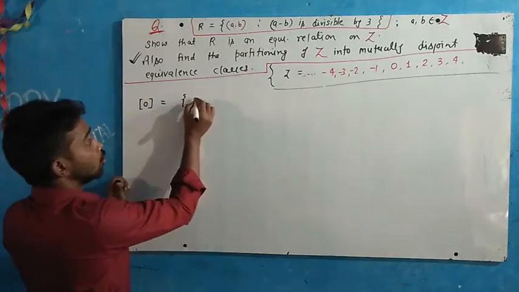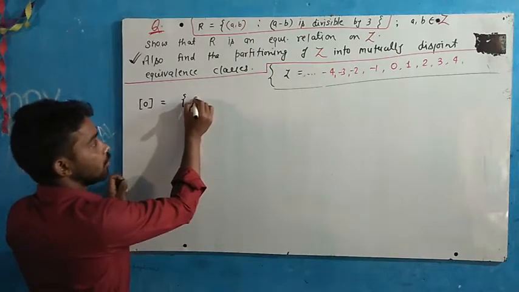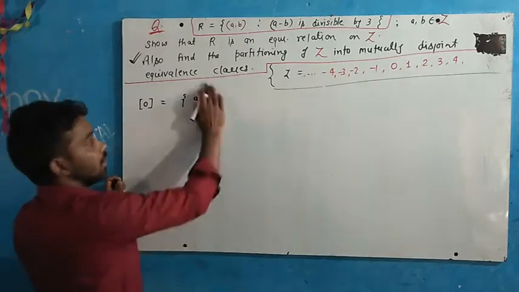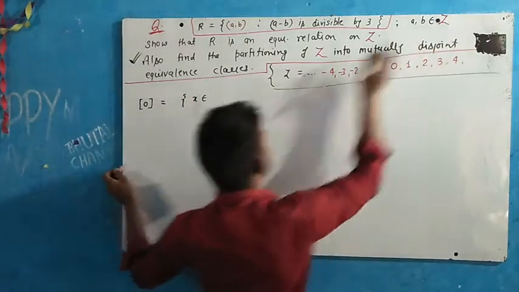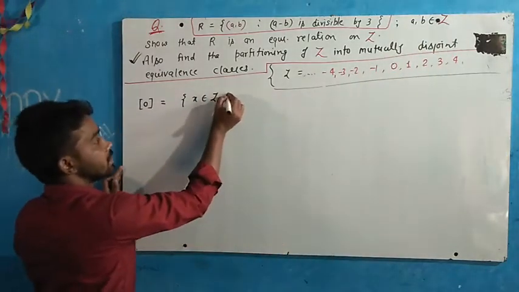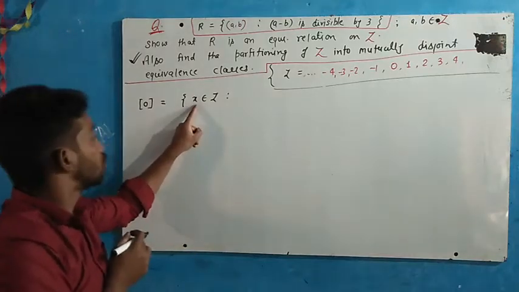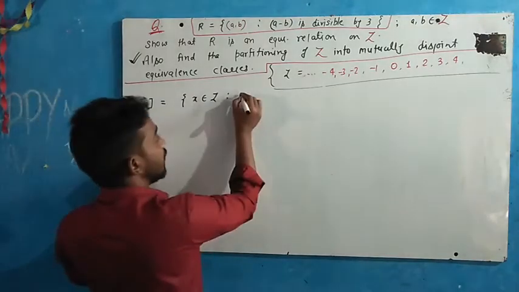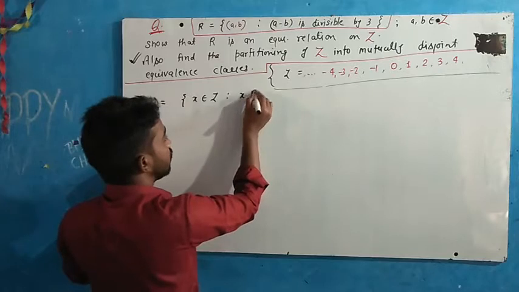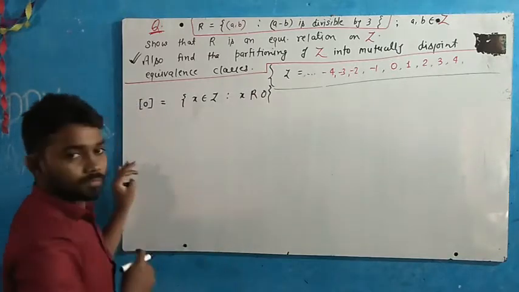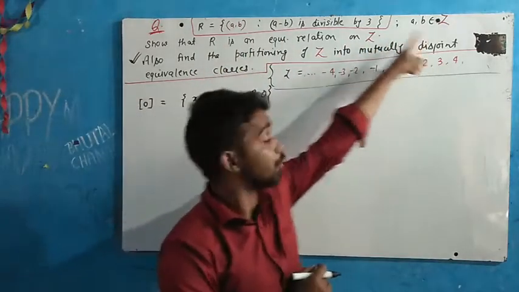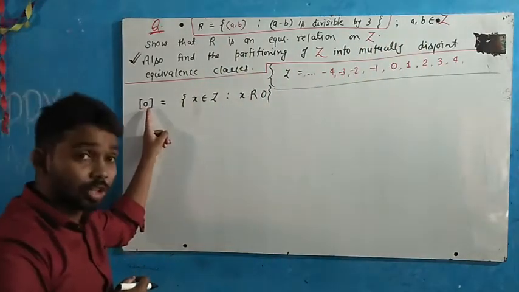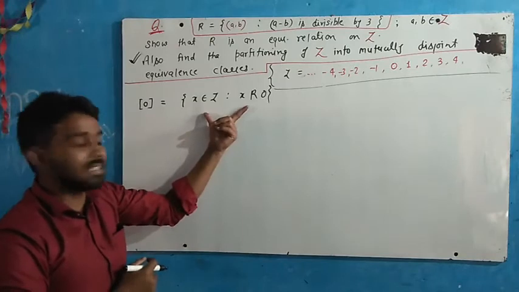It means those elements, suppose x, those x which belong to the integers, such that x is related to 0. Correct? It means those x from Z which are related to 0; this set is the equivalence class of 0.